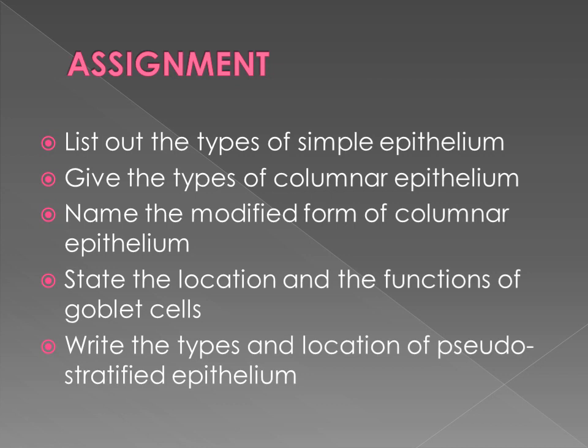Next one: write the types and the location of pseudo stratified epithelium. Pseudo stratified epithelium is again classified as ciliated as well as non-ciliated, and it is present in the trachea and upper respiratory tract, and in male reproductive organs such as the epididymis as well as the tract of the urethra, and the ducts of large glands. So in all these places this type of epithelium is present.